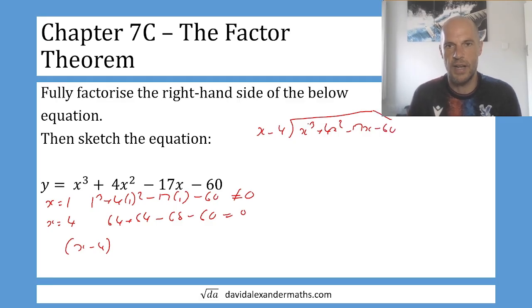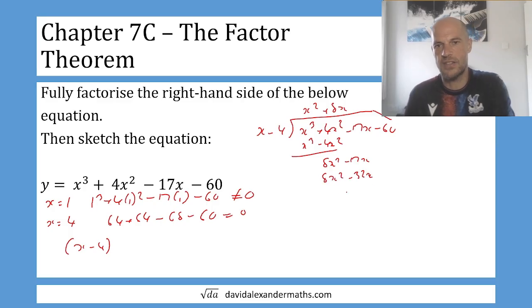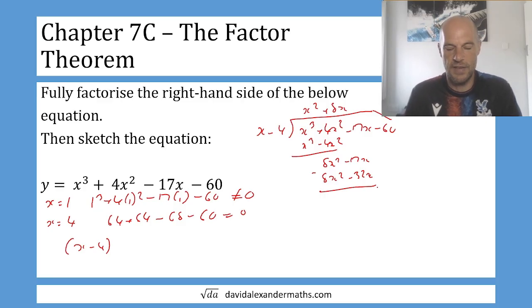Okay, right, so that's x squared, x cubed minus 4x squared, so that's going to be 8x squared minus 17x, so that's going to be plus 8x. 8x squared minus 32x, so we need to be careful with this nasty subtraction. Minus 17 plus 32, that is 15x plus 60, so that's going to be plus 15.